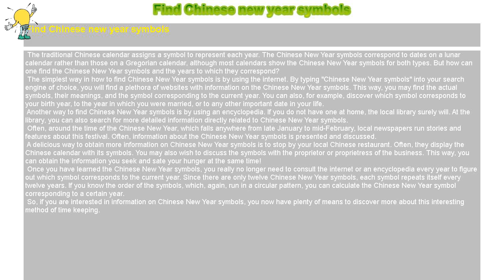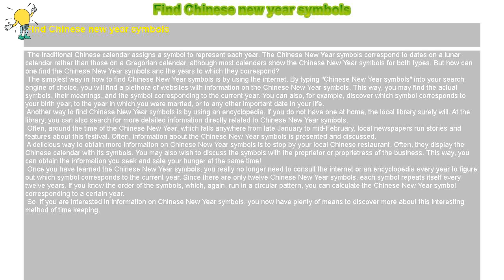You can also, for example, discover which symbol corresponds to your birth year, to the year in which you were married, or to any other important date in your life. Another way to find Chinese New Year symbols is by using an encyclopedia.